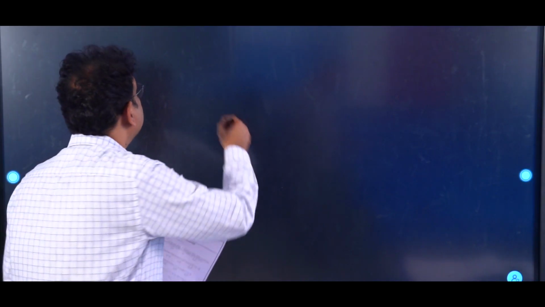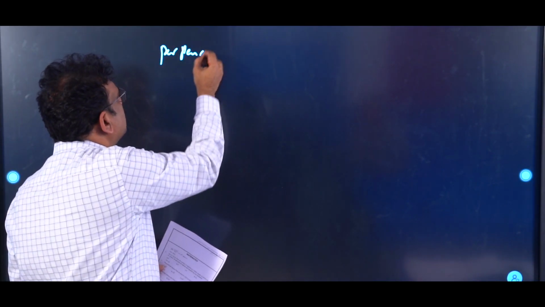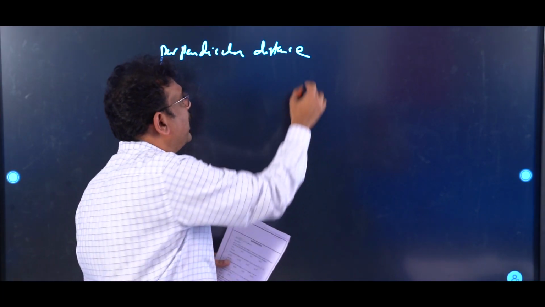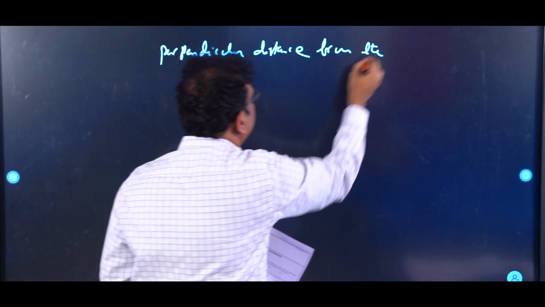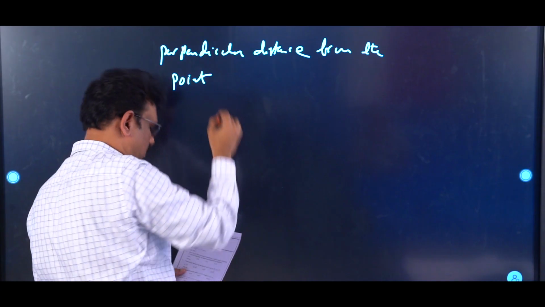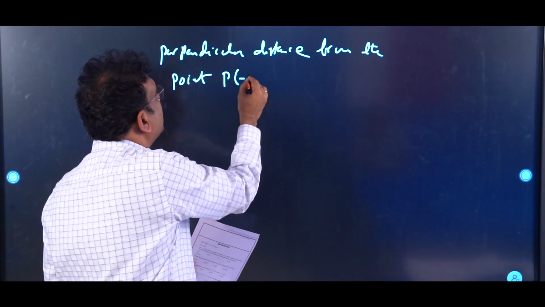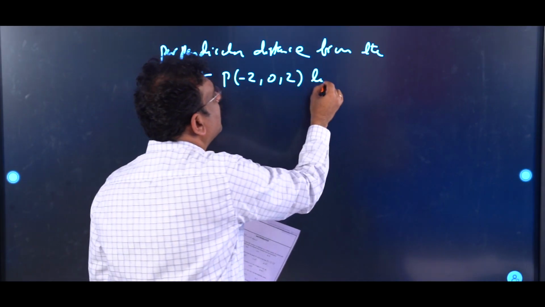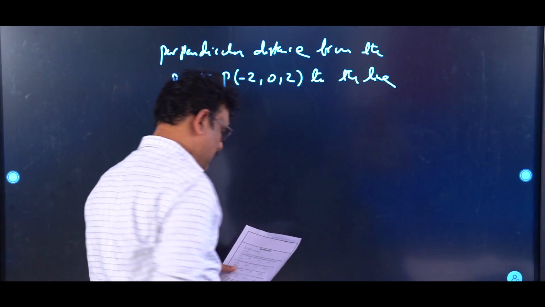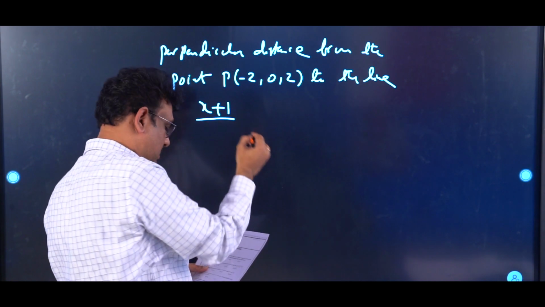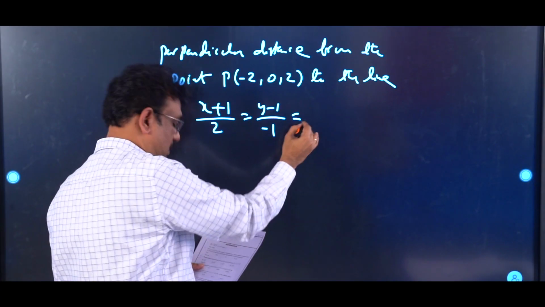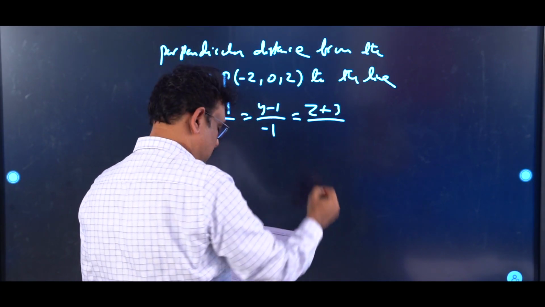So 3-dimensional geometry, and this question is a regular question. Find the perpendicular distance from the point P (minus 2, 0, 2) to the line (x plus 1) by 2, (y minus 1) by minus 1, (z plus 3) by 2.